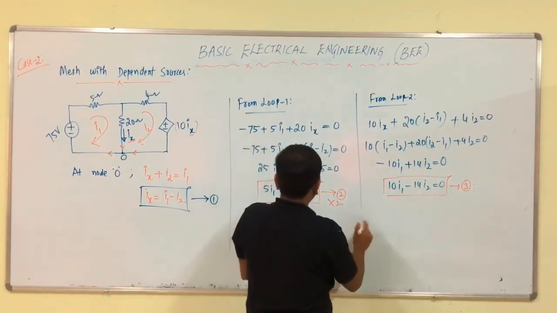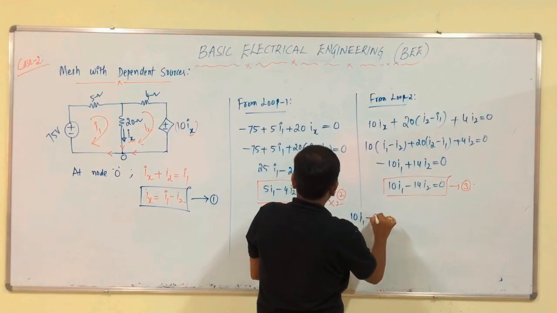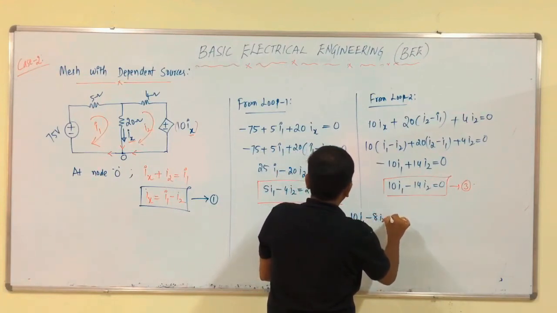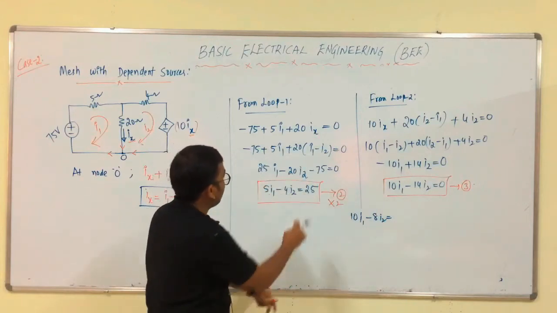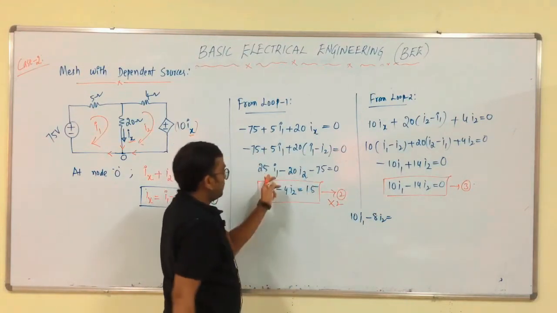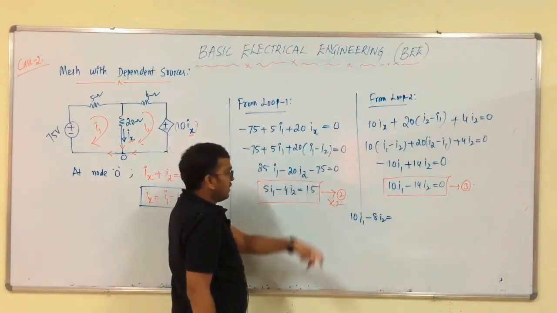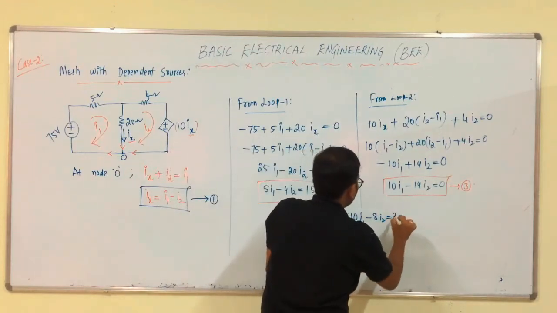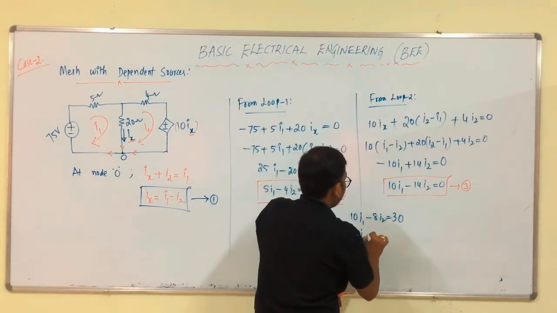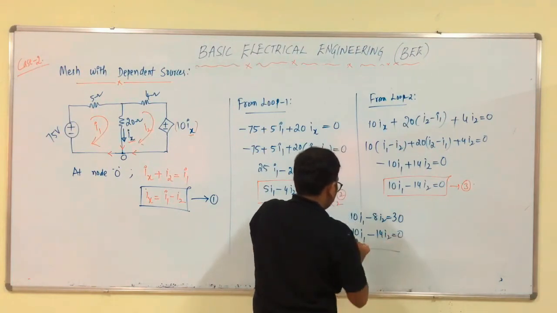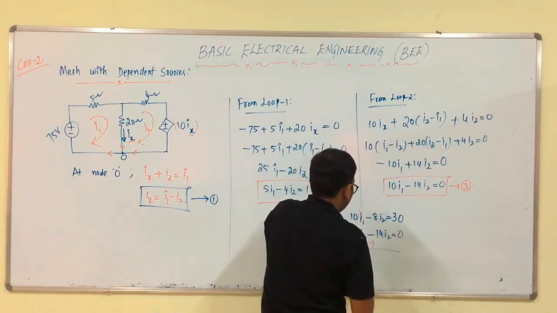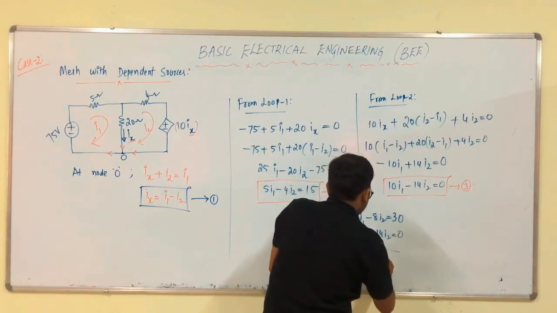From 1 and 2, it should be multiplied with 2. So, from 1 and 2, 10 I1 minus 8 I2 equals 30, this sorry 15, 5 into 15, 75, no, which equals 30. And 10 I1 minus 14 I2 equals 0. So, subtracting, 6 I2 equals 30.